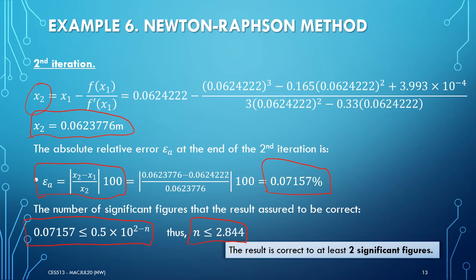That means this result, the estimated root value, is actually correct to at least two significant figures. The answer is correct to two significant figures.